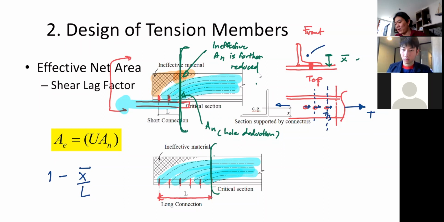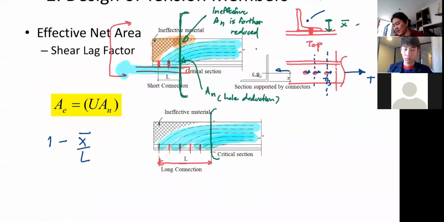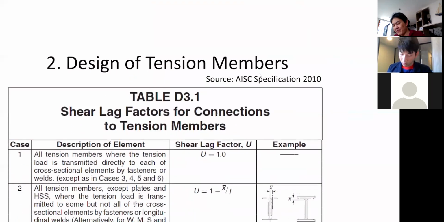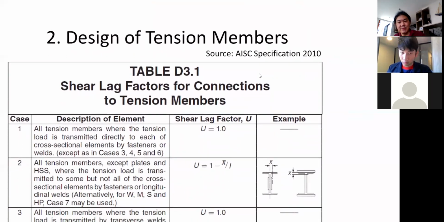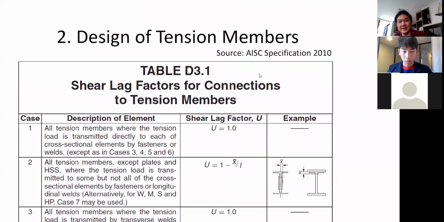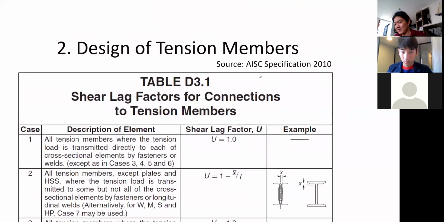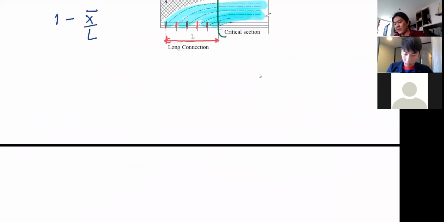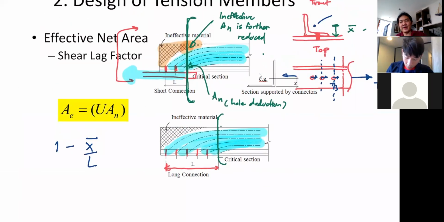Now I have to point out one thing. Okay, this is the table, taken from the AISC specification, so everybody can get a hand on that. The problem with the shear lag is that when you look at this picture, we can only connect one element of the section.